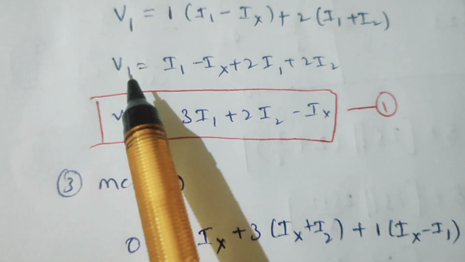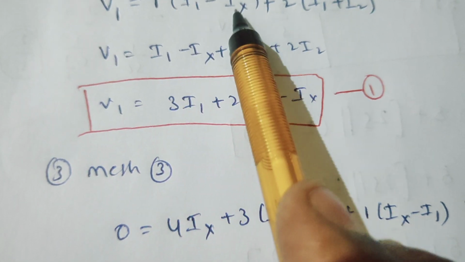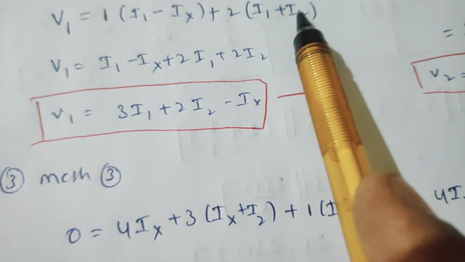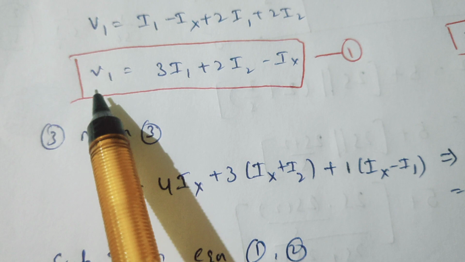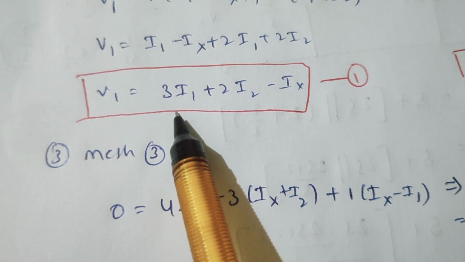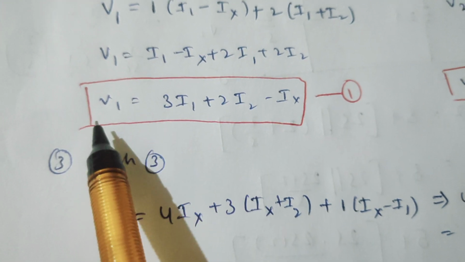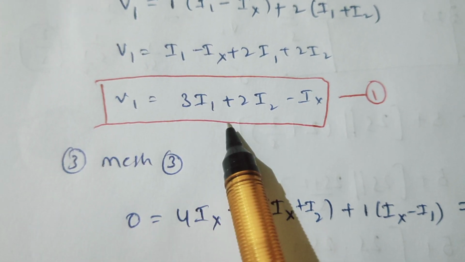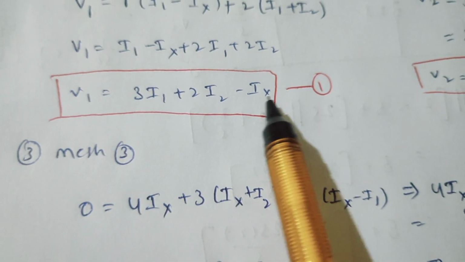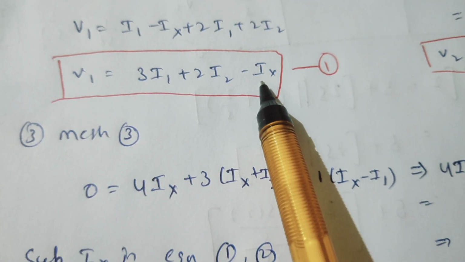Upon solving, V1 is equal to I1 minus Ix plus 2 I1 plus 2 I2. Therefore V1 is equal to 3 I1 plus 2 I2 minus Ix. In general the Z parameter equation is V1 in terms of I1 and I2, but here we have one extra term, that is Ix.